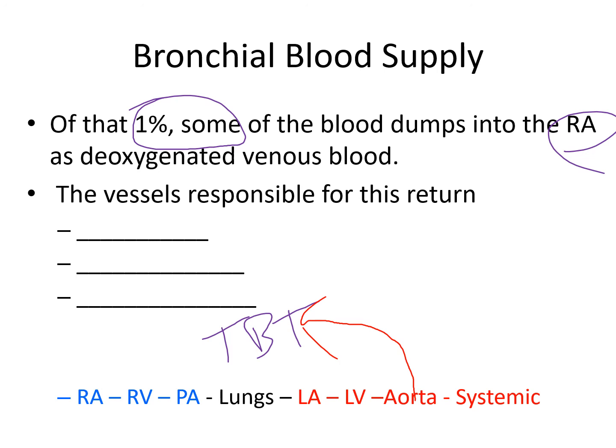Once it's used, it dumps into the right atrium. It dumps its used blood into the right side, which is good because that's where all the bad blood is supposed to go. So what vessels are responsible for this? You have your azygos, and you do need to know these. Your azygos, A-Z-Y-G-O-S. Your hemiazygos.